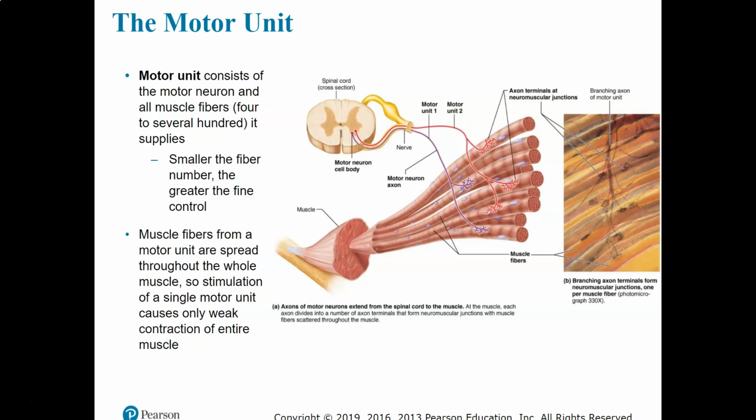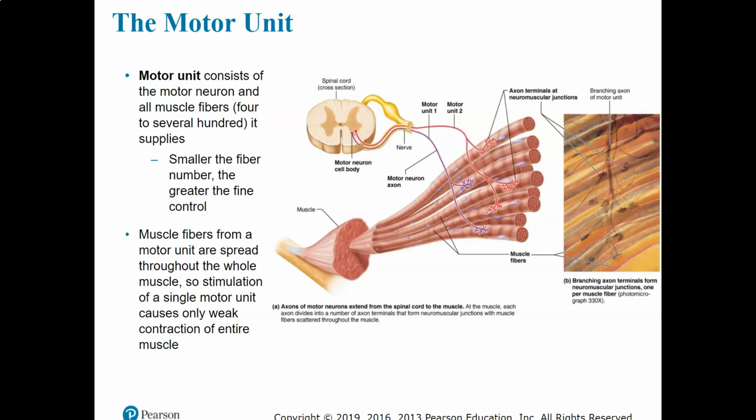Either an action potential is formed and it activates the whole cell, or an action potential isn't formed. So when a motor neuron activates, it's going to in turn activate all of the muscle fibers that it innervates, and we call that the motor unit. And this motor unit can be small, as few as 4 muscle fibers, or it could be big. It could be several hundred muscle fibers.